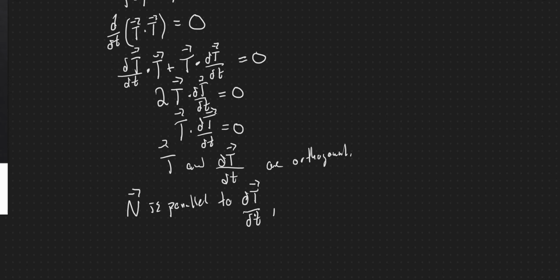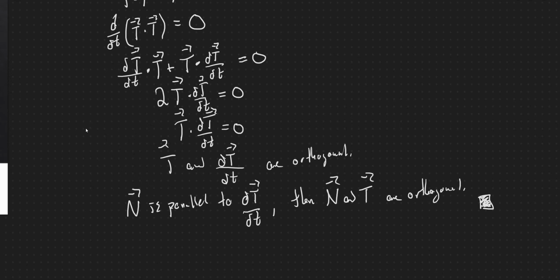So if N is parallel to dT/dt and dT/dt is orthogonal to T, that means N is orthogonal to T. So N and T are orthogonal. And that's our proof. That's what we wanted to get out of this.